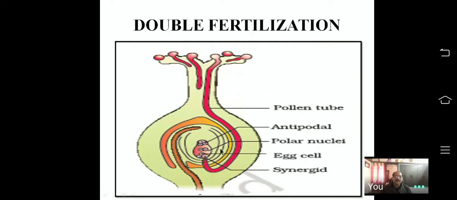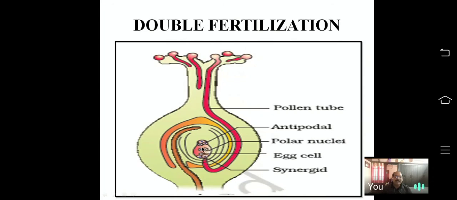Next, after double fertilization, in the central cell, how many nuclei fused? Before fusion of the sperm nucleus, it has two polar nuclei. One more nucleus will come from the sperm. Total 3 nuclei fused here.